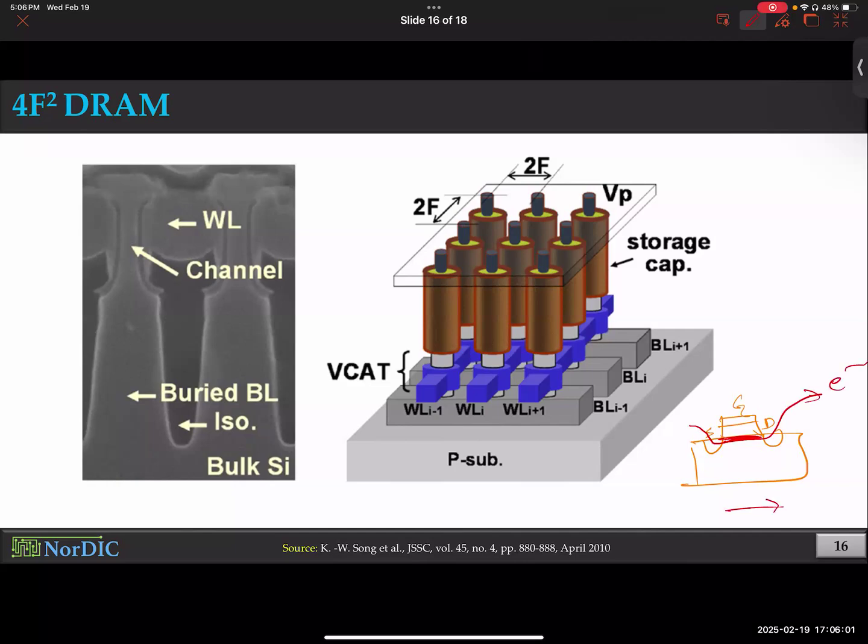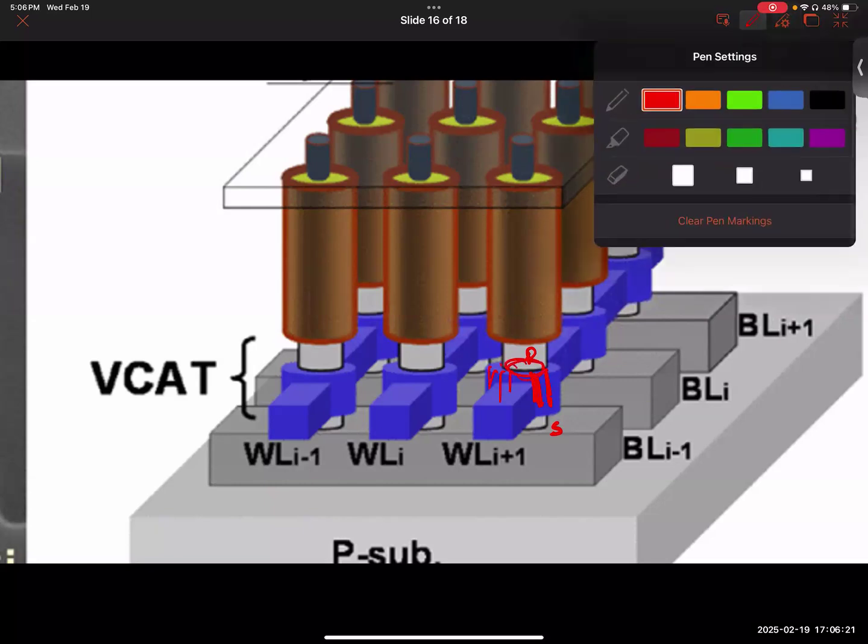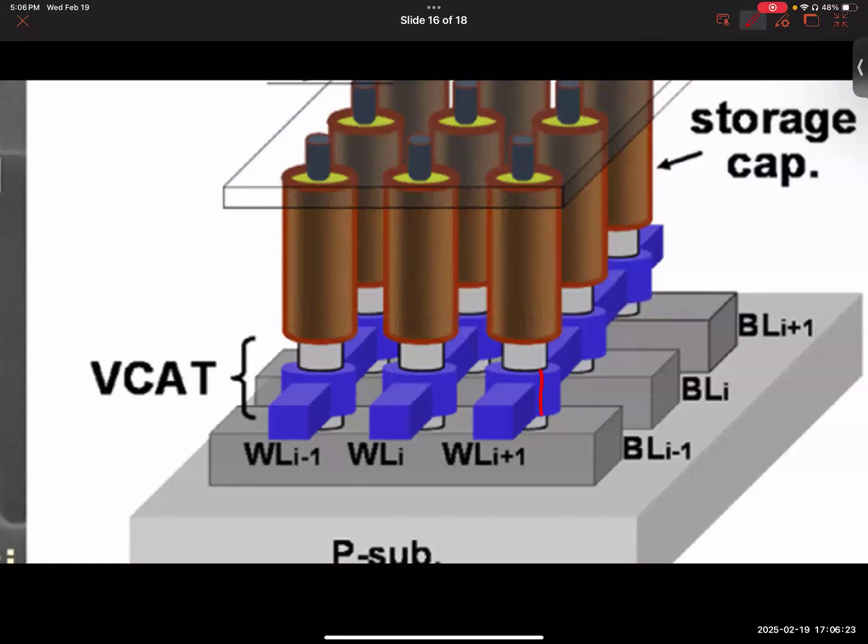But what if I create a transistor like this? The source or drain, whatever you want to call them, are interchangeable. Say this is source and this is drain, and inside you have a channel. The channels are here, circular, if you think about it this way. So the channels are vertical. This is how the electrons are flowing.